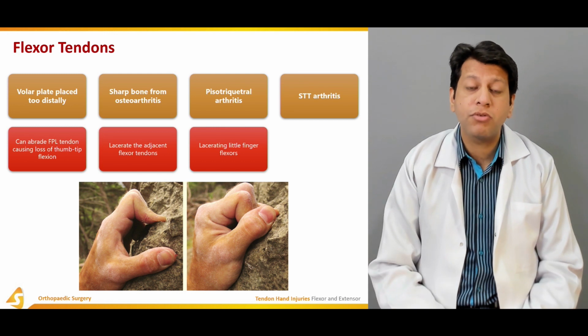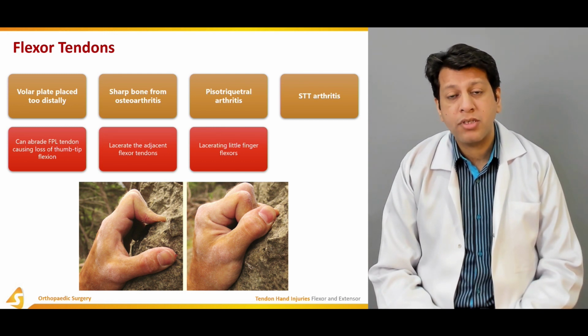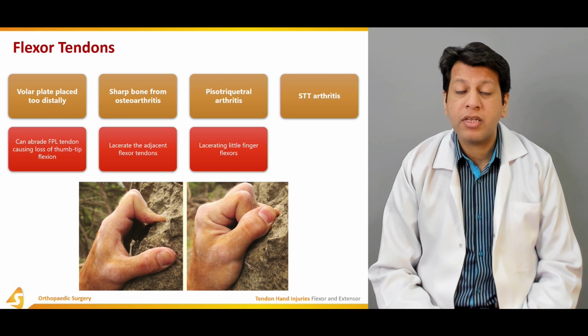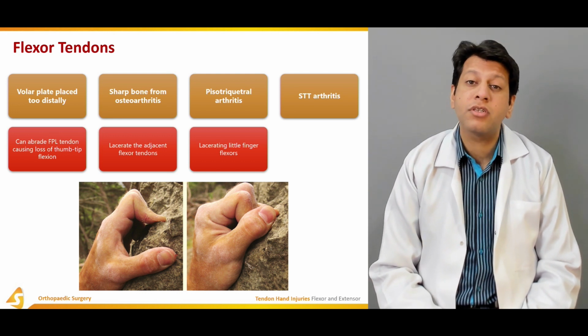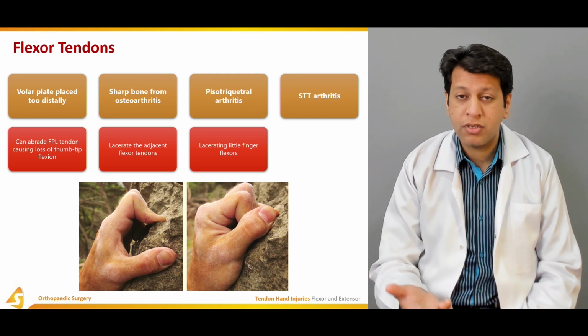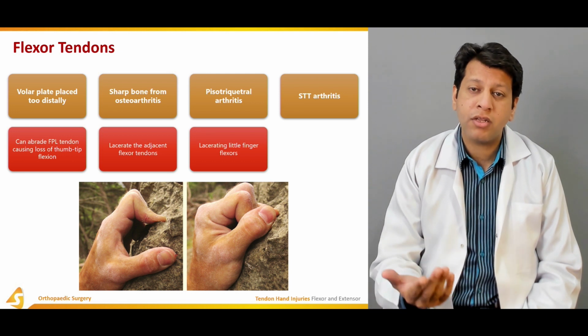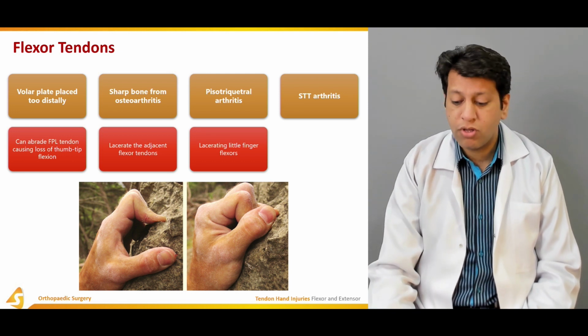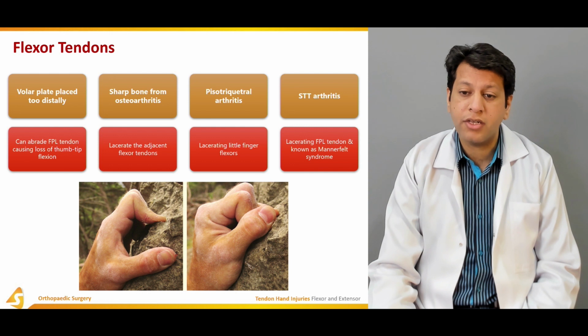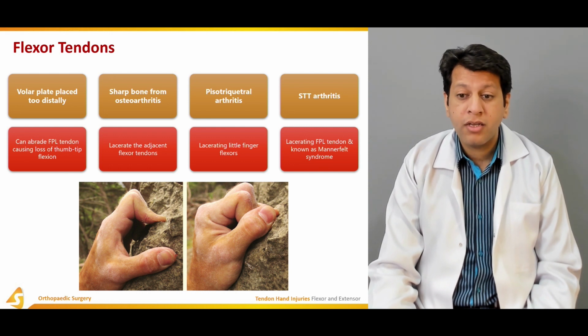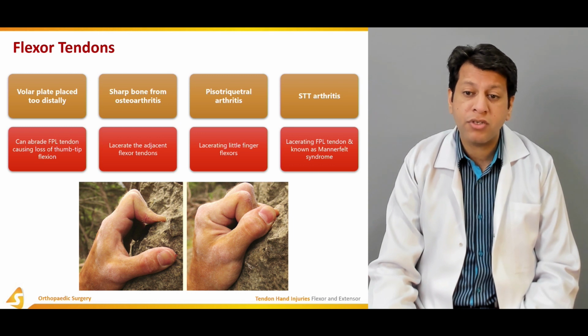This involves the carpal bones and can affect the flexor tendons of the radial side, such as flexor digitorum, flexor pollicis longus, as well as flexor carpi radialis. All these can be affected over the radial side as well. As I told you, if they lacerate FPL, this is called Mannerfelt syndrome due to STT arthritis.